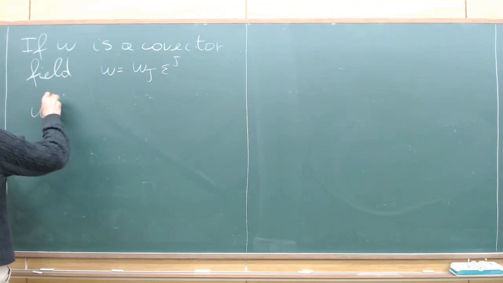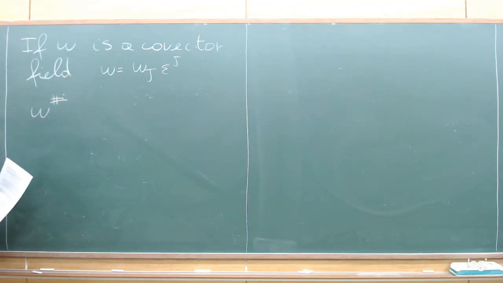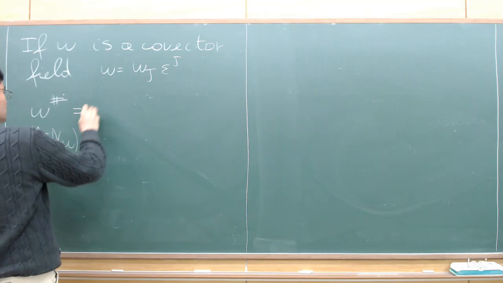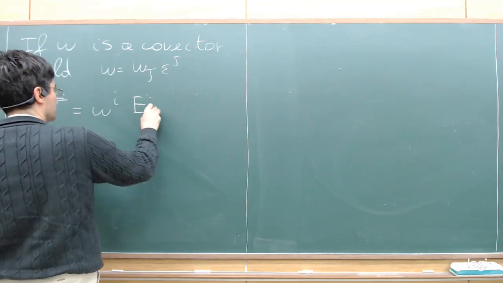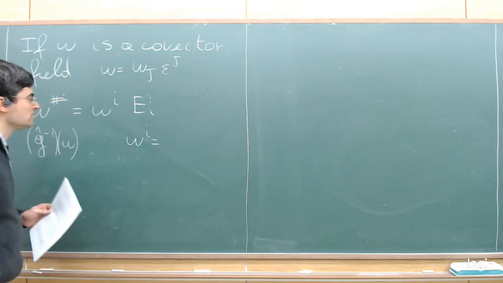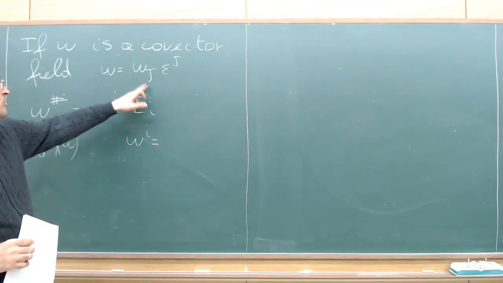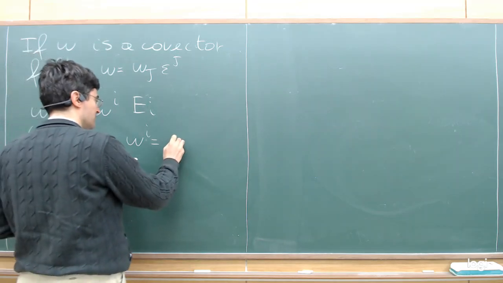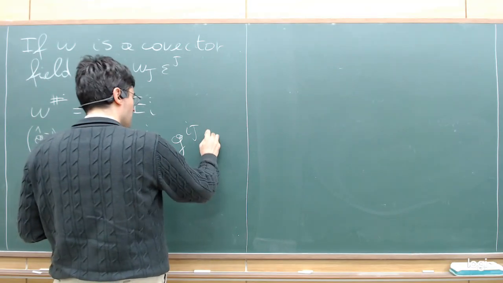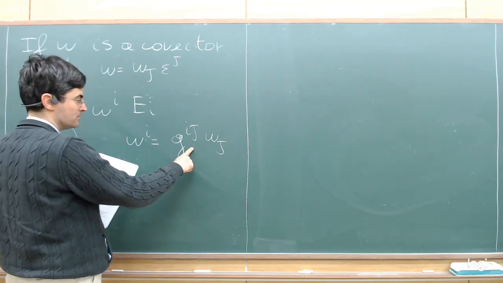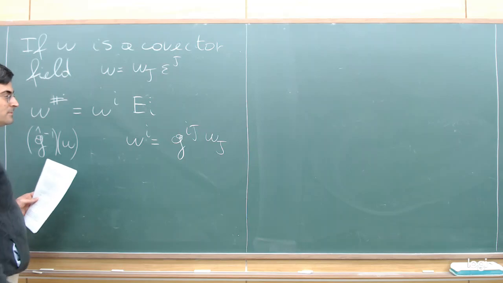Then omega sharp, which the notation I used last time was also g hat inverse of omega, is equal to omega i e i, where the components omega i are obtained from the components omega j of the covector field by raising an index, and this is done by multiplying omega lower index j by the inverse of the matrix, and taking a sum.